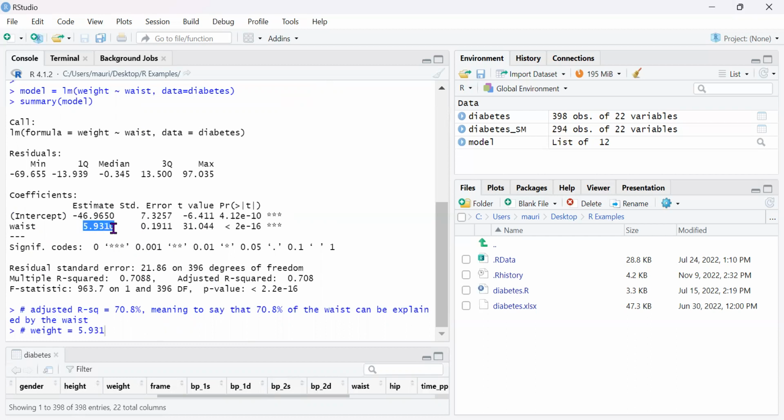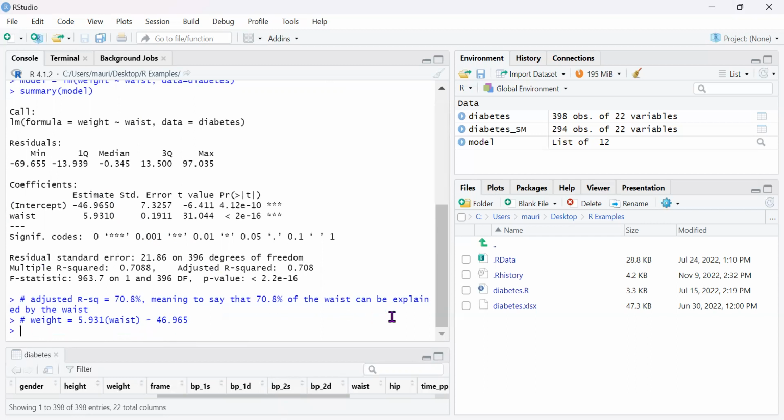This is the coefficient of the person's waistline in inches for the data, minus the intercept. What it means is this equation has about 70.8%, you can call it reliability. So that is basically how we construct a simple linear equation.